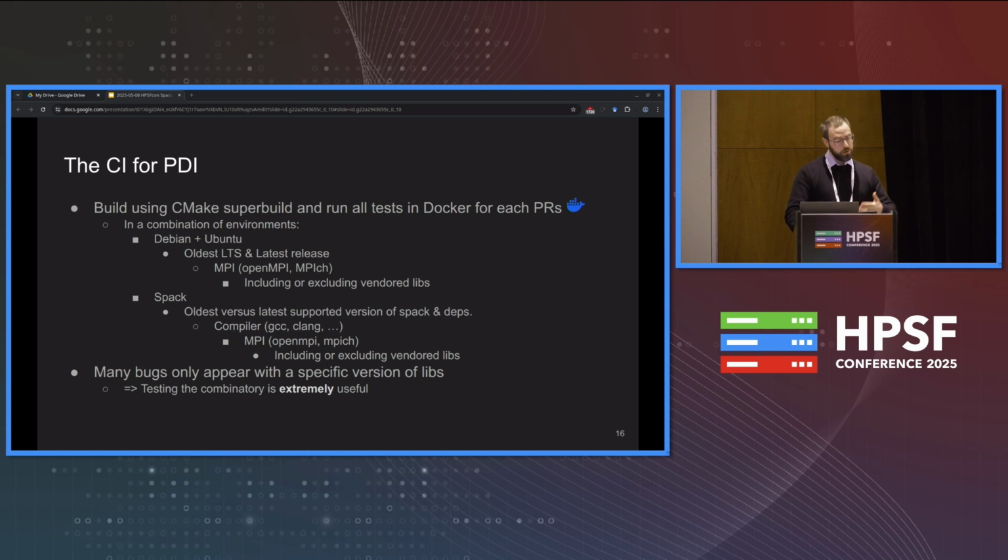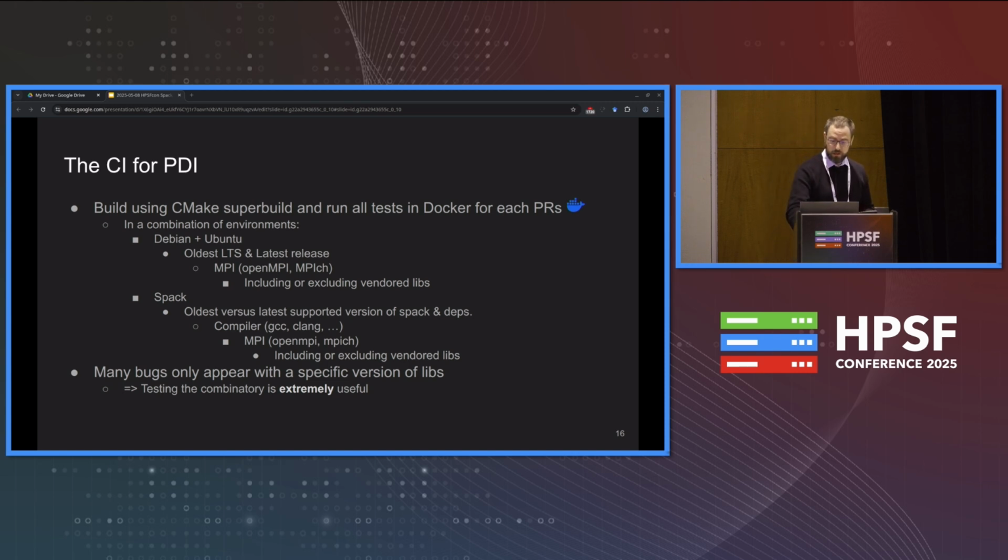Same with Spack, oldest versus latest. All the compilers, all the MPI implementations, vendored or not vendored. And what we see is that many bugs happen in 1 or 2 specific cases of this matrix.